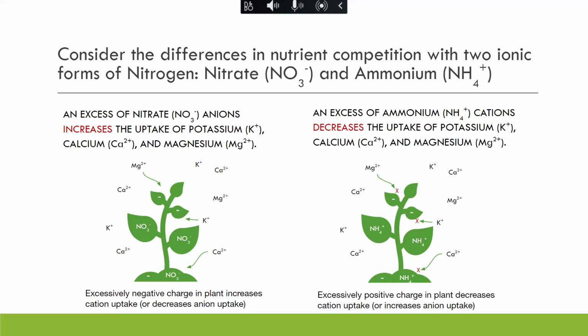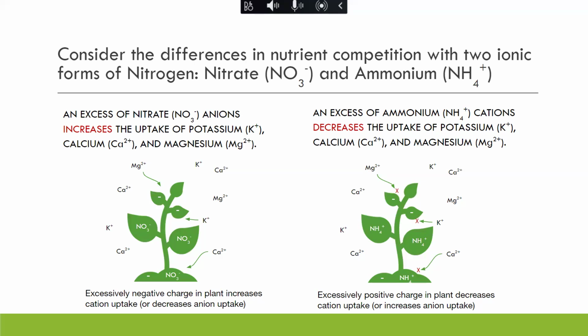So here are the two different ionic forms of nitrogen, nitrate and ammonium. Now, if we start with the plant on the left, an excess of nitrate increases the uptake of potassium, calcium, and magnesium, because the excessively negative charge within the plant can increase the cation uptake or alternatively decrease the anion uptake.